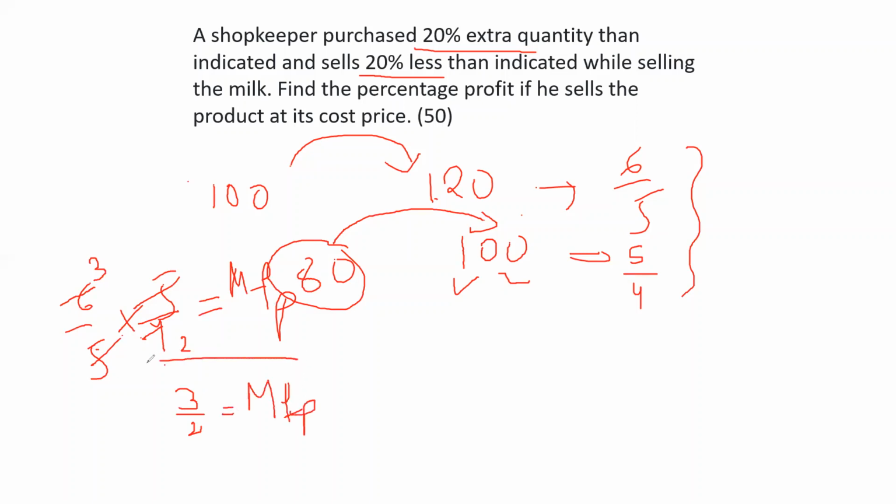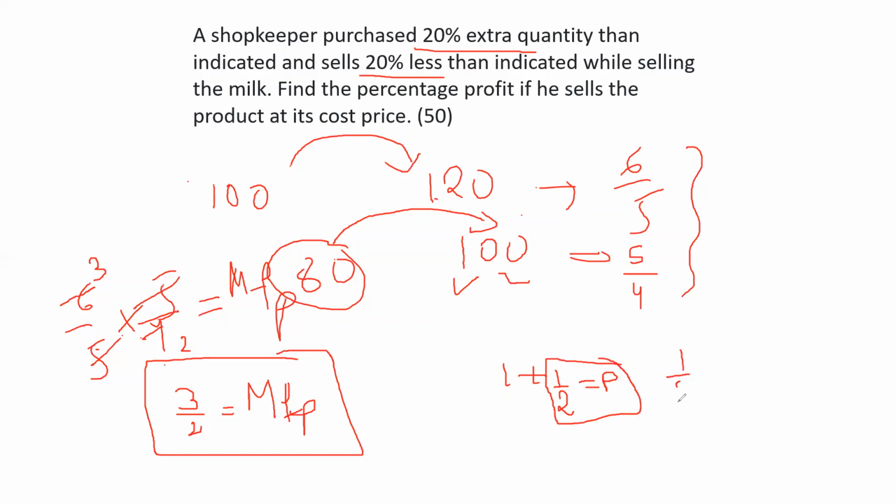We got MFP as 3 by 2. This is why I took the example of 3 by 2. So 3 by 2 can be rewritten as 1 plus 1 by 2. As told earlier, write P here and 1 by 2. So 1 by 2 is nothing but 0.5, and in percentages it will be 50%.